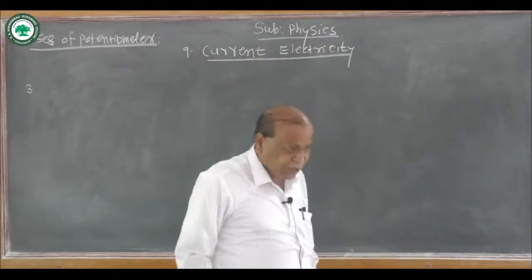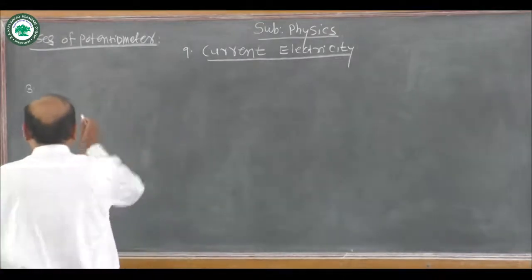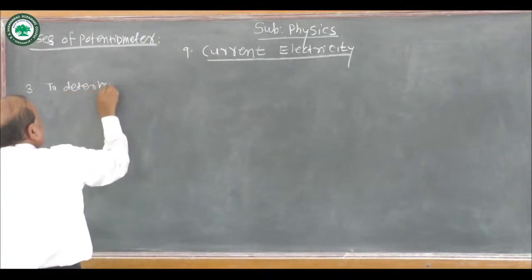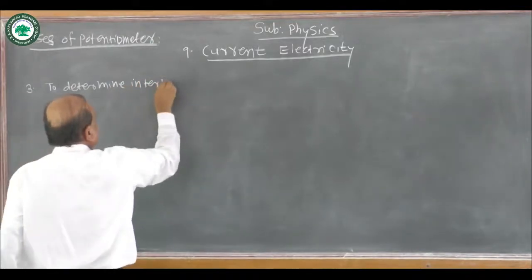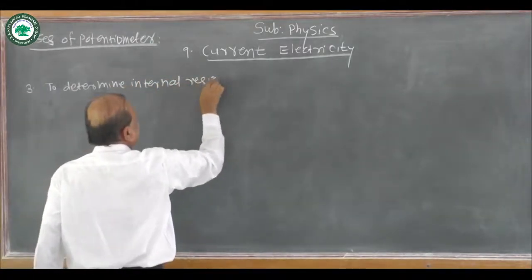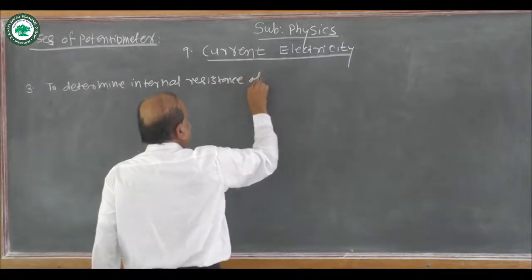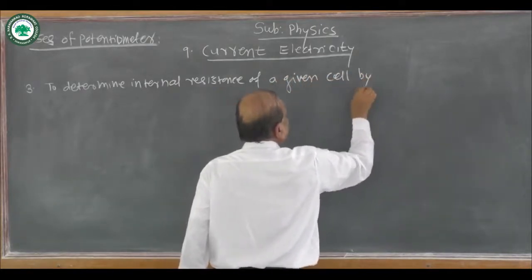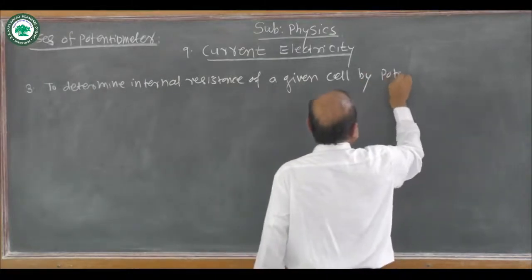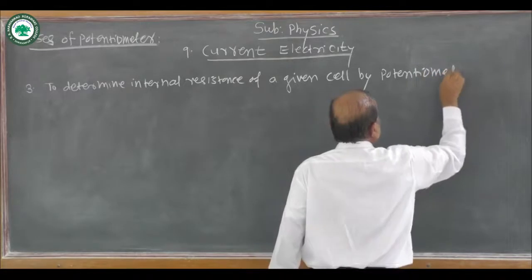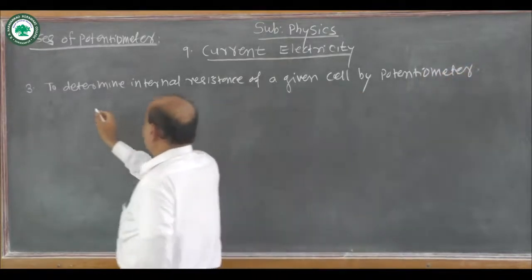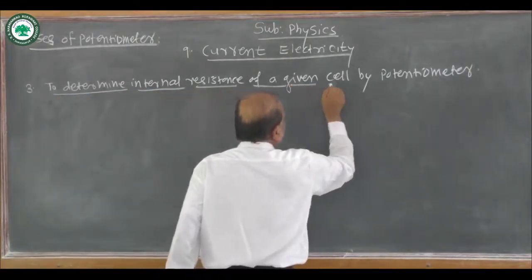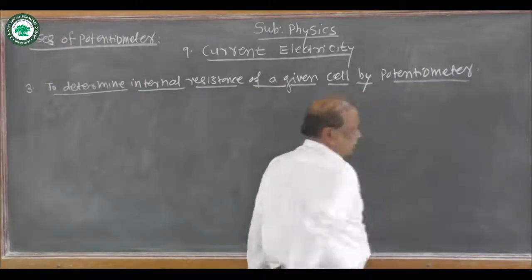And the third use of this potentiometer is to determine the internal resistance of a given cell by potentiometer.